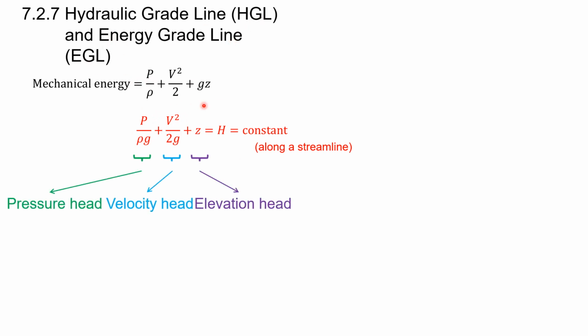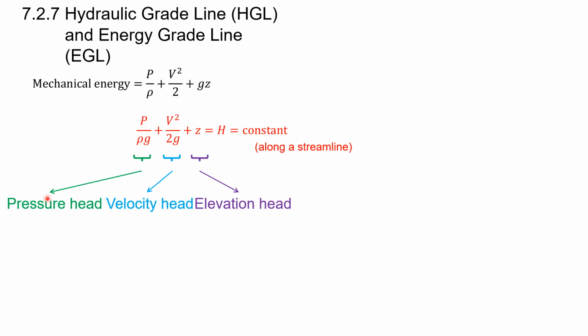Okay, so from this point we again get three components. Earlier we multiplied with density, and you could find different kinds of pressures. Here we multiply with 1 over g, and you get another thing called head.